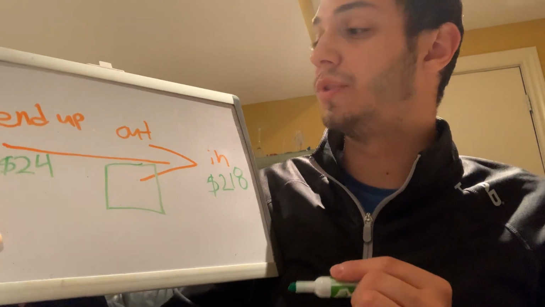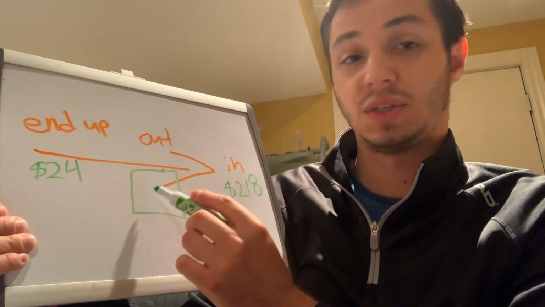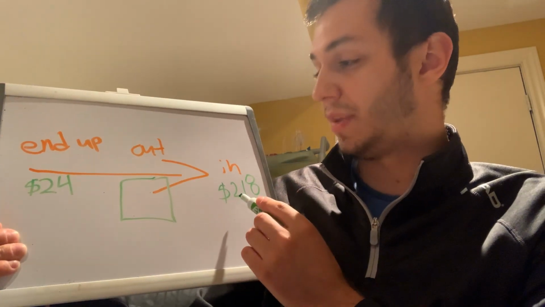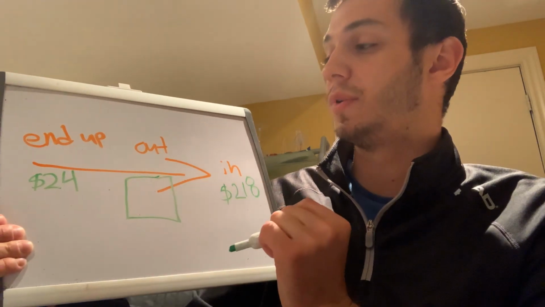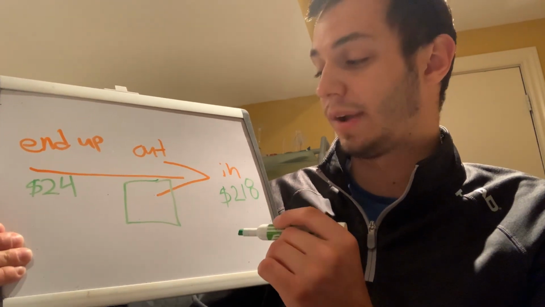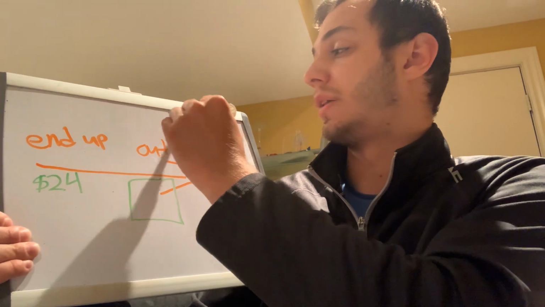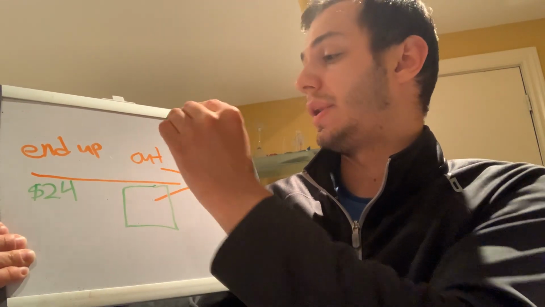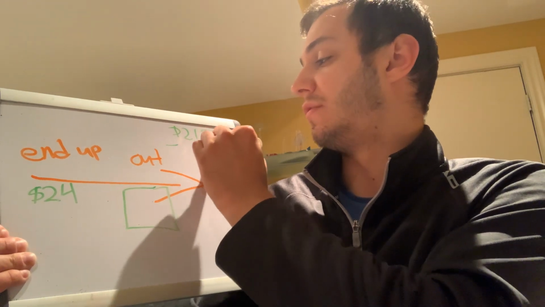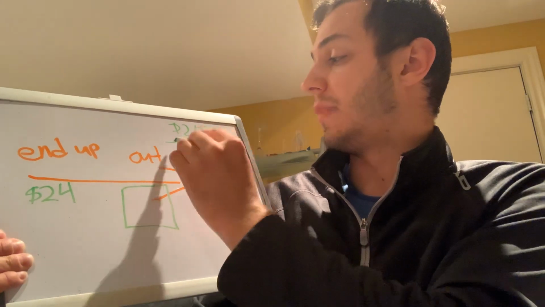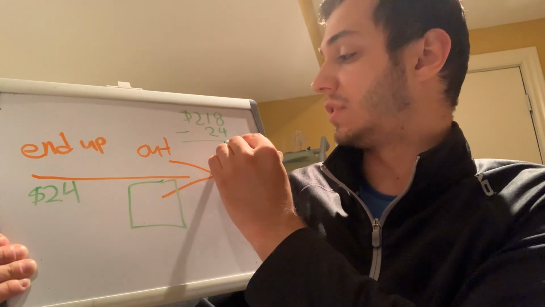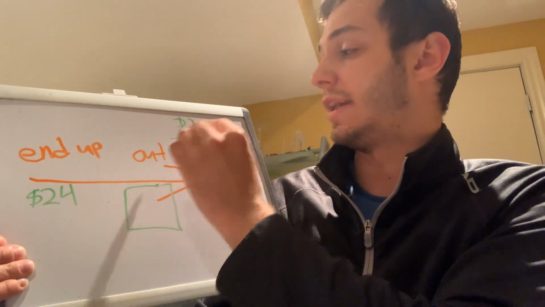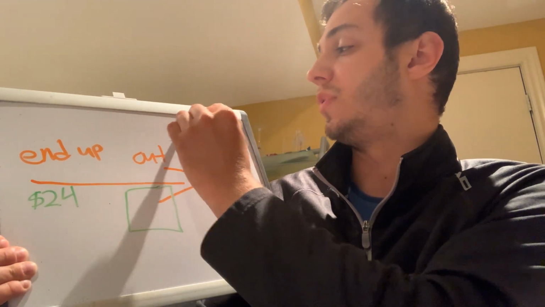So in order to do that, I have to find my small number. So I have my big number and my other small number, so I'm going to have to subtract. So we're going to subtract 218 minus 24. 8 minus 4 gives us 4. I can't subtract 1 minus 2, I have to borrow.